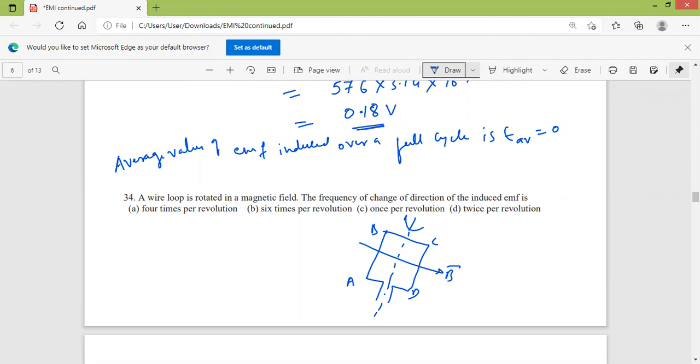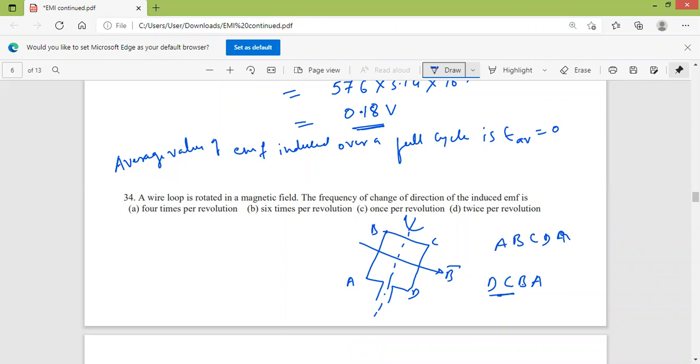After completing half cycle, the direction of the current reverses. The current will flow from D to C, C to B, B to A.